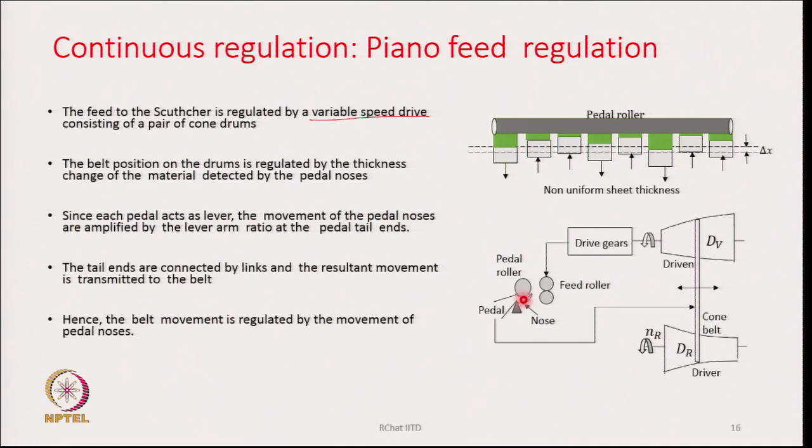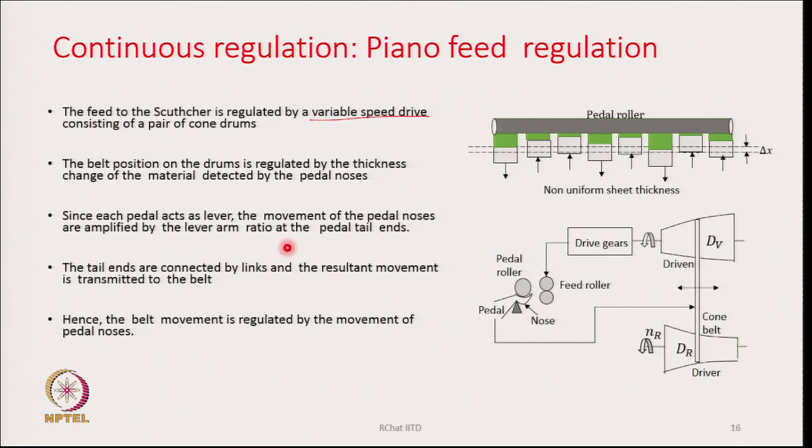So, here is the pedal nose, or you can say these are the pedal noses. The green part is the thickness of the material, the mass of material. So, pedals are moving up and down. Each pedal acts as a lever, and the movement of the pedal noses is amplified by the lever arm. So, pedal tail ends will move much more than the pedal nose ends, because basically it is a lever. We know the lever ratio.